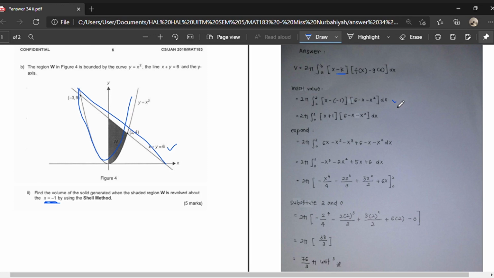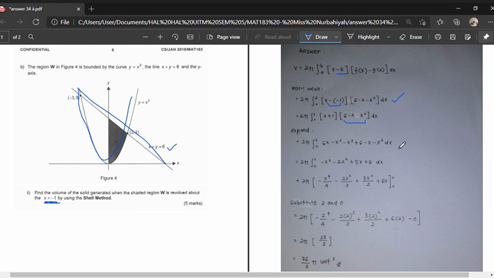After we insert the values, we total up this part, which is x minus negative 1, we get x plus 1, and then this part we just leave because we need to expand.